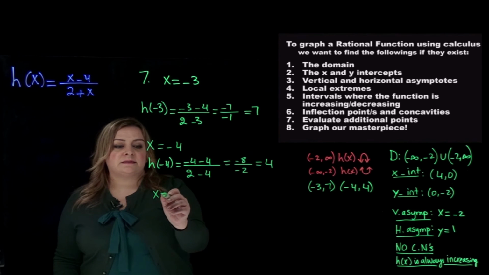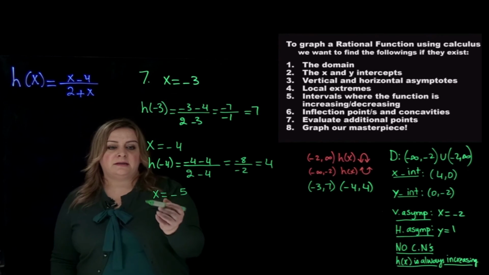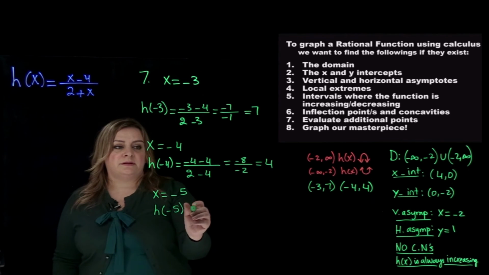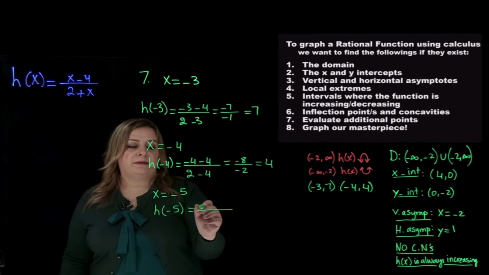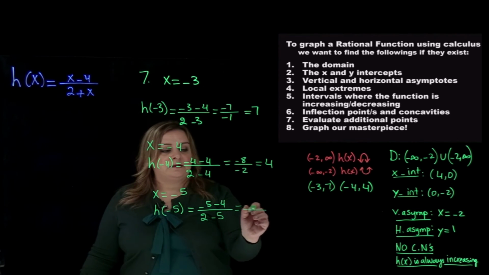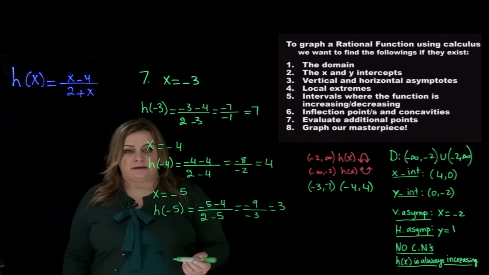Evaluating x at -5 in h of x, I will have h of -5, and that will be -5 minus 4 over 2 minus 5. This will give me -9 over -3, which is +3.